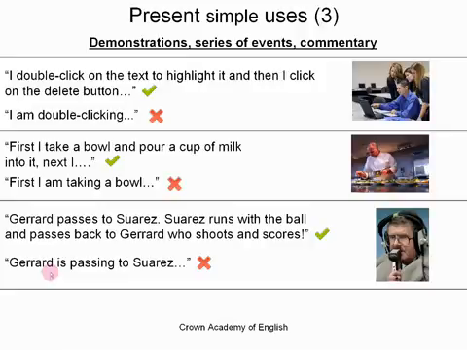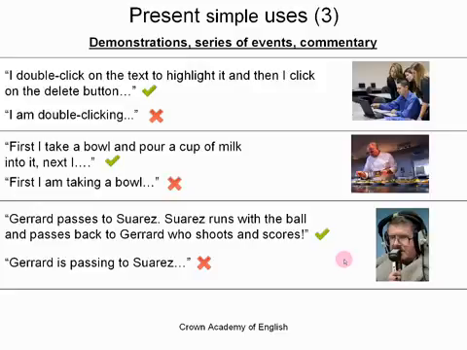Gerrard passes, that's 2 words, whereas Gerrard is passing, it's 3 words, and there's more syllables as well. So it's for speed as much as anything.